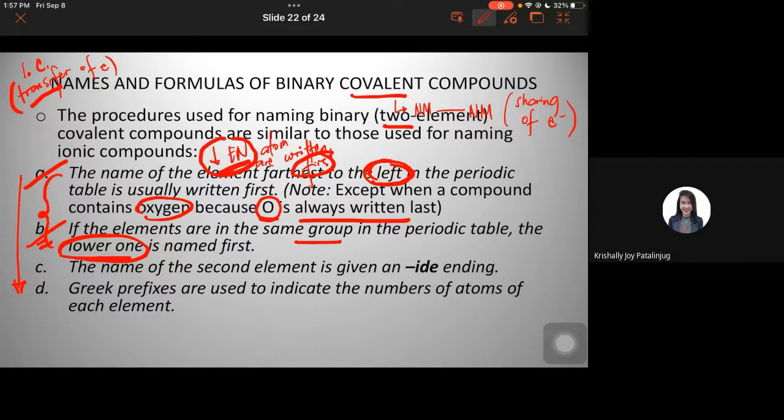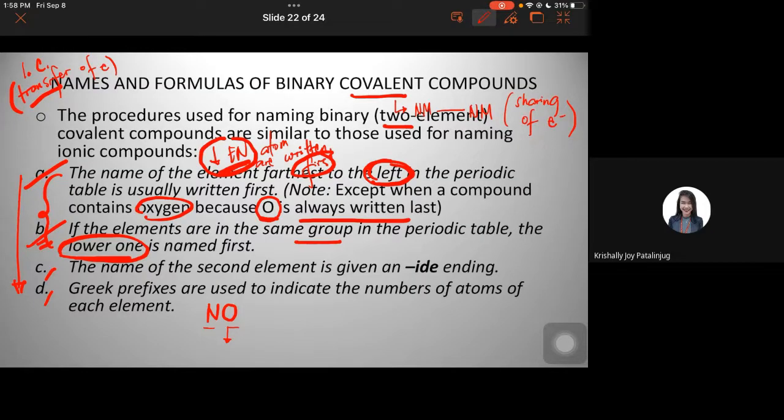This will help guide you on the order, which comes first and which comes last, in writing the chemical formula. Next, for letter C, the name of the second element is given an "ide" ending. Let's say the given is N followed by O. When you name the elements in the covalent compound, the second element should end with "ide."